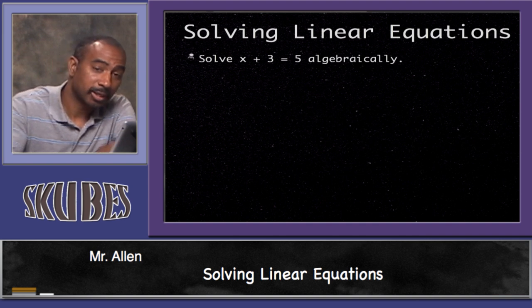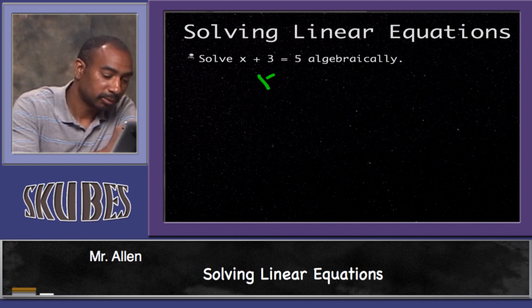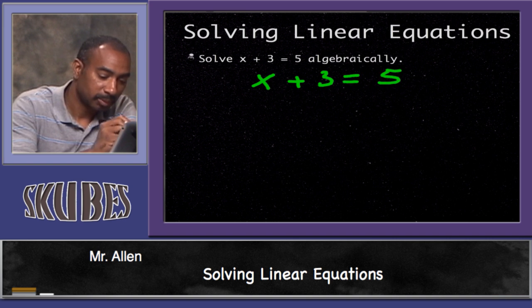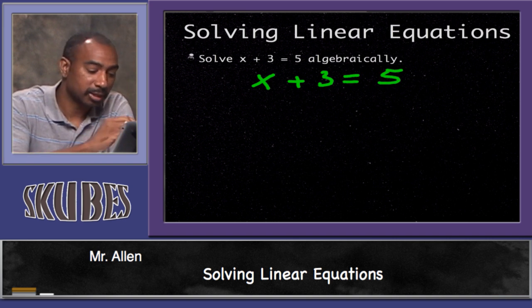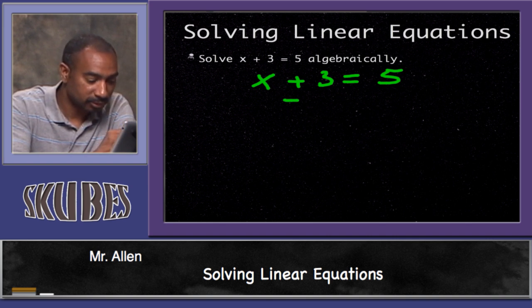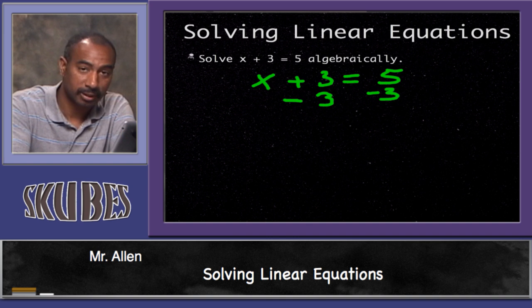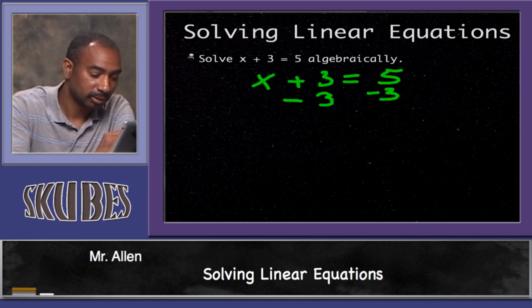Now, if I was asked to do the same thing algebraically, I would take this equation, but in my mind, I'll be thinking about the algebra tiles. I have a positive 3 added to x, so I have to take the opposite of that. That's negative 3, and apply that to both sides to keep the equation balanced. This yields 0, so I get x equals 2.